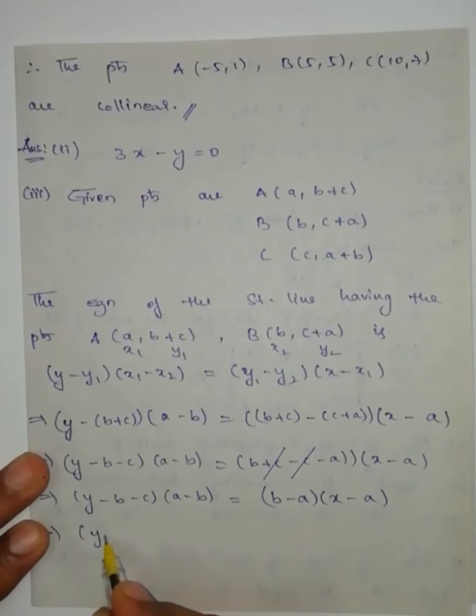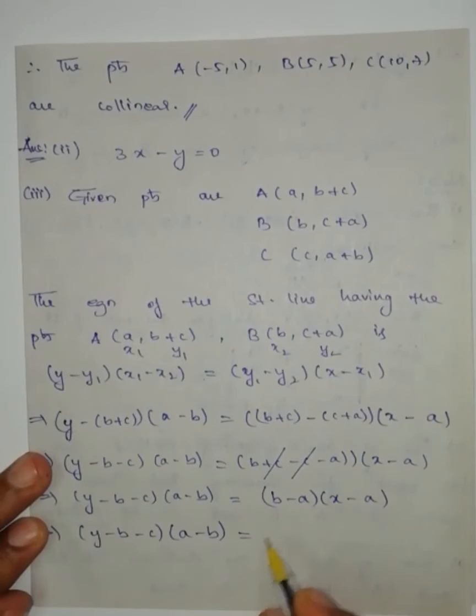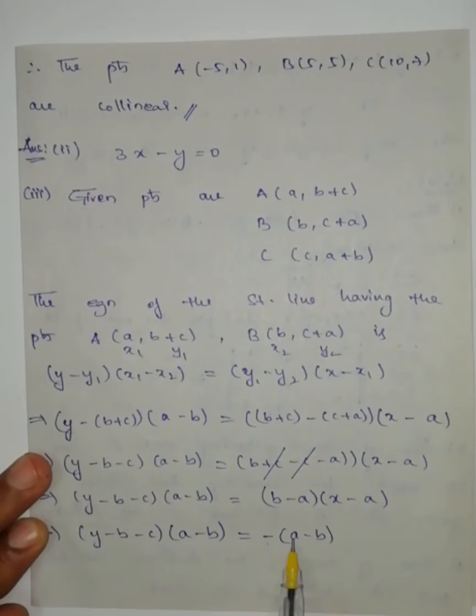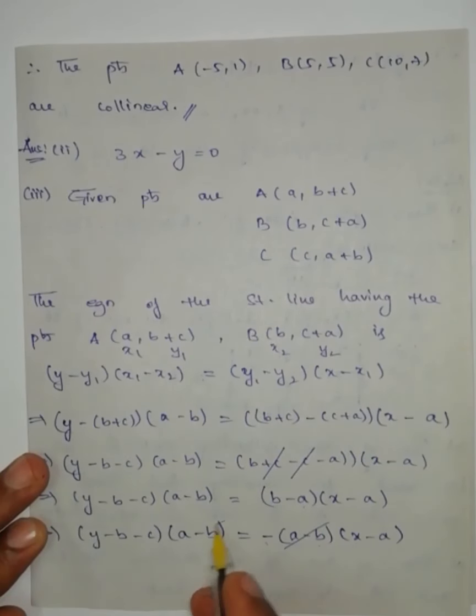This implies y minus b minus c into a minus b is equal to, from this one I am going to take minus common, I will get a minus b. If I again multiply minus into a minus into minus b, a minus b get cancelled.